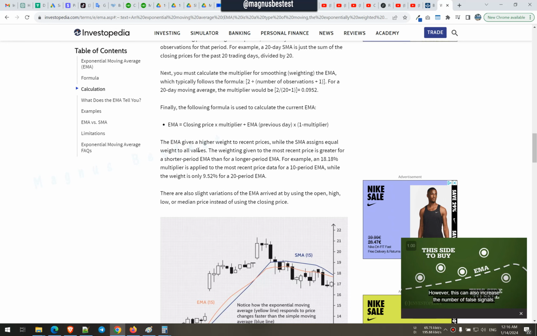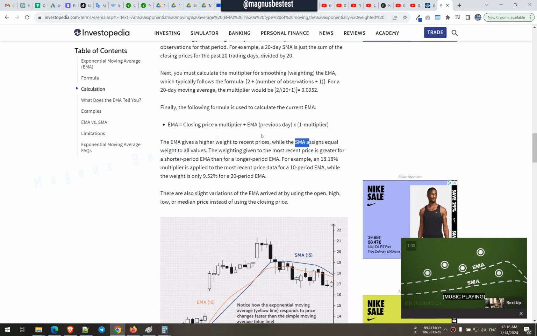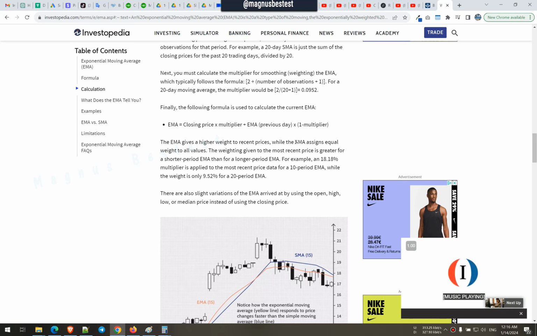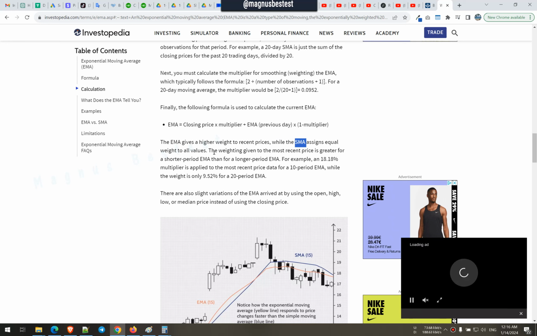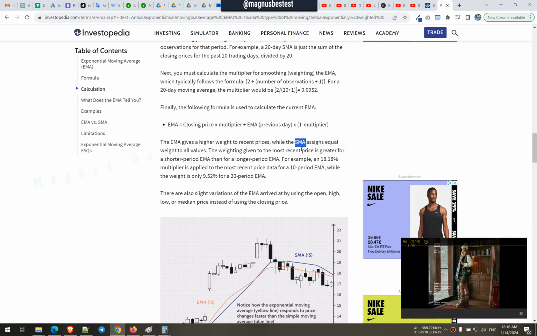Let's start with the simple moving average. As the Investopedia website says, the simple moving average assigns equal weight to all values. So basically, it's always just the average of the, let's say, 20 last candles. But the EMA puts more value on the most recent action.